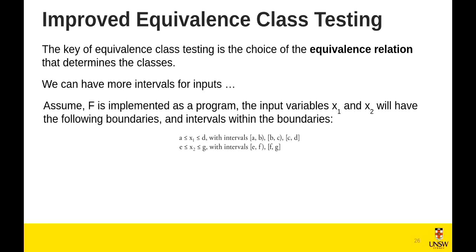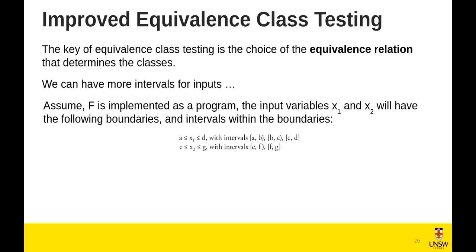So assume we still use the program that takes two integers as the example here. Assume this program accepts two input variables which are still integers, x1 and x2, and they have the following boundaries.